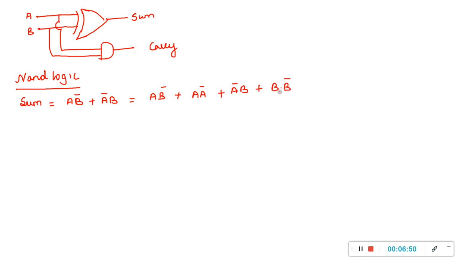What is B B bar? It is also 0. We can rewrite the expression and take A common in the first and second term, B bar plus A bar. Plus take B common in this, A bar plus B bar.